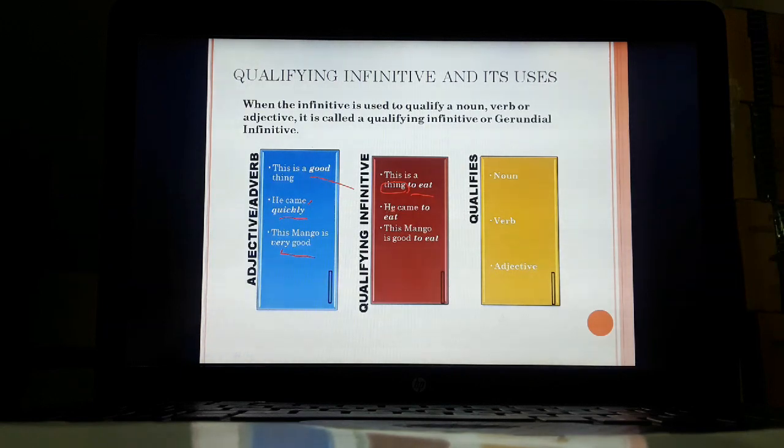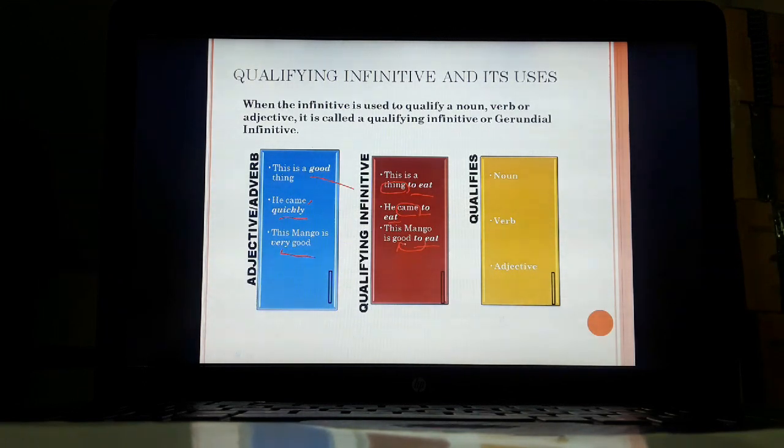In the second case, he came to eat. Once again, to eat is an infinitive and it is qualifying the verb came. And the third example, this mango is good to eat. To eat is once again a qualifying infinitive and it is saying something about the mango. So it is qualifying an adjective.